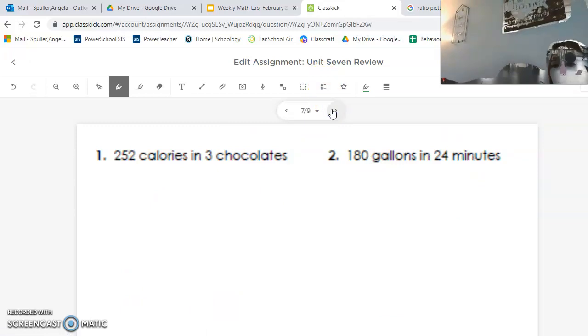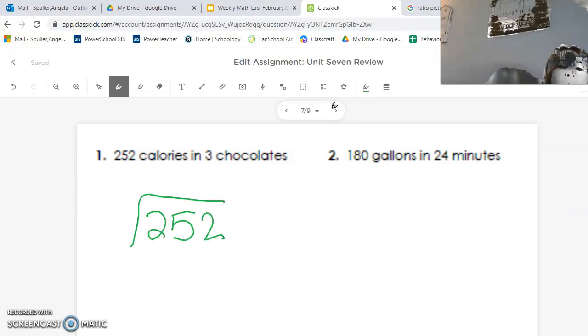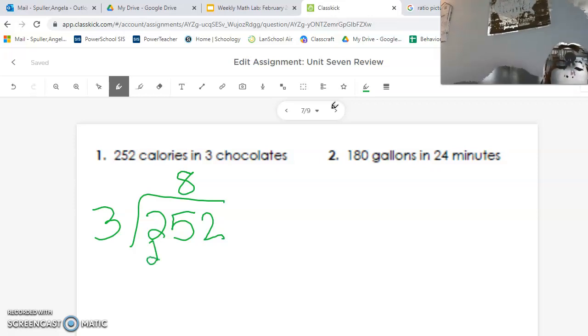Okay, so here we have rates. If I have 252 calories in 3 chocolates, I've got to find out what 1 is. So I'm going to divide 252 calories by the 3 chocolate pieces. 3 goes into 2 0 times, but it can go into 24 8 times. 8 times 3 is 24.